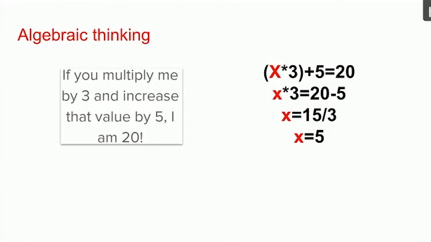So yesterday we said the meaning of algebra is to use symbols to represent actual numbers. If there's a number we don't know, we use a symbol to represent that unknown number. That's the key to algebra.